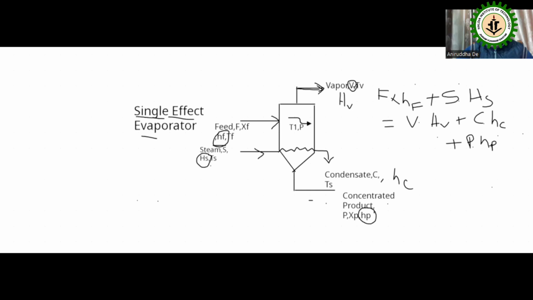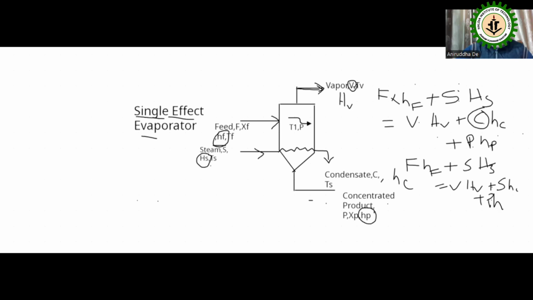Now this can also be simplified by putting S instead of C, because, as I have told earlier, the amount of steam entering is the same amount converted into condensate. So we write F into HF plus S into HS is equal to V into HV plus S into HC plus P into HP.